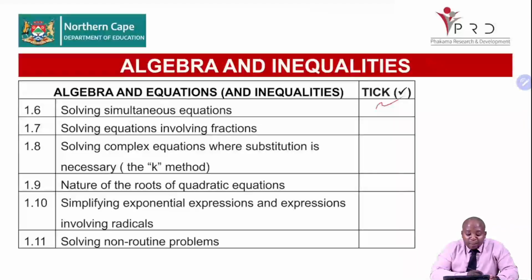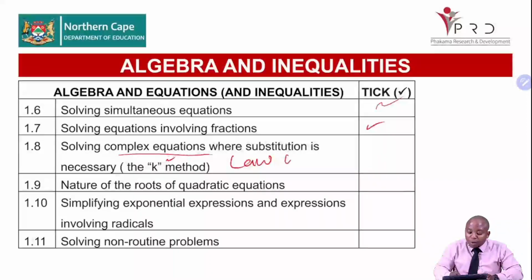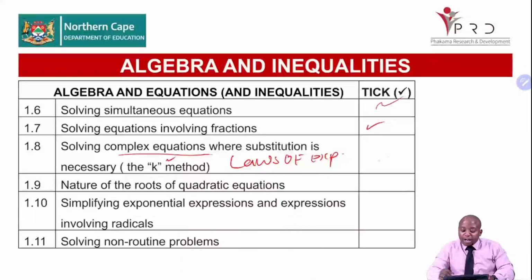1.7, am I able to work with equations that involve fractions? 1.8, am I able to work with complex equations where substitution is necessary, like utilization of a K method? Here we are working mostly with the laws of exponents. So am I able to work with this?